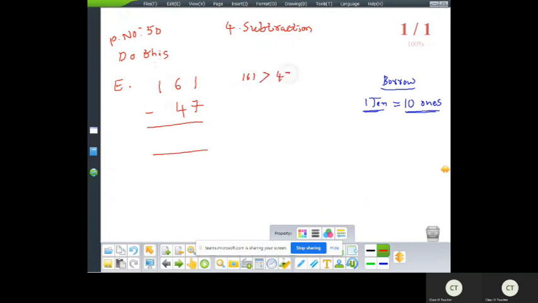A bigger number minus a small number, then subtraction exists. Right? The place values are 1, 10 and 100. Now subtraction on 1.